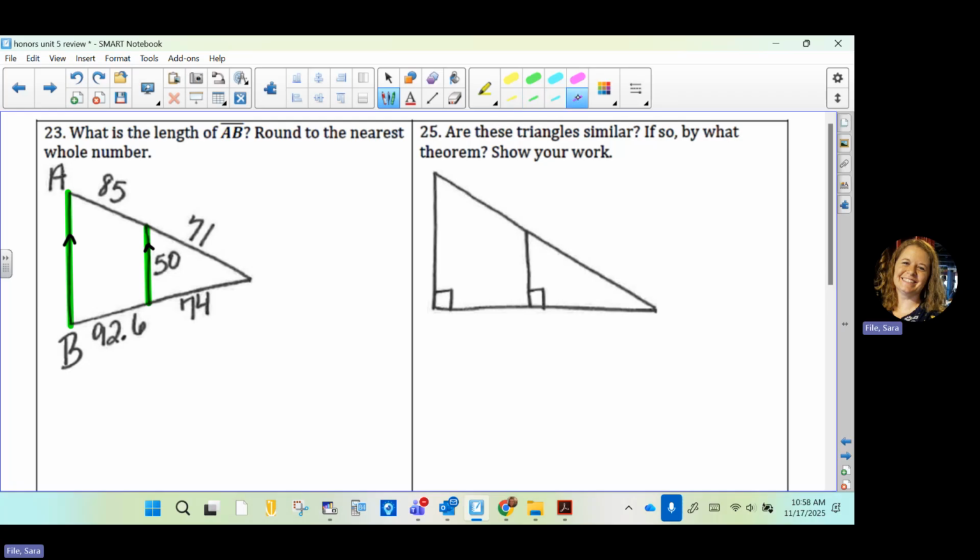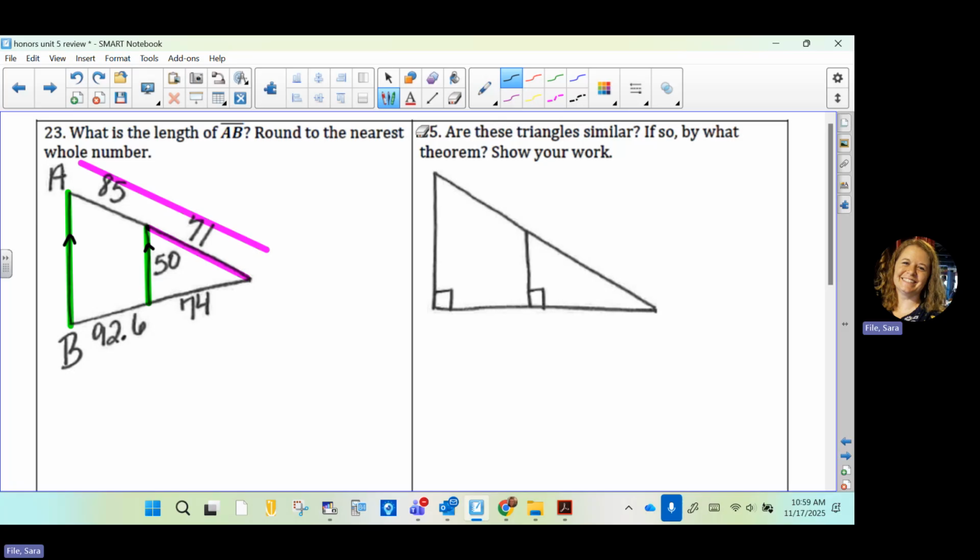Now I know both sides, the small side and the long side on both of these. I'm going to use the one that doesn't have a decimal. So I'm going to go with this side over here. So the small side is 71. What would be that entire length over there? What would I do to get that? I'd have to add them.